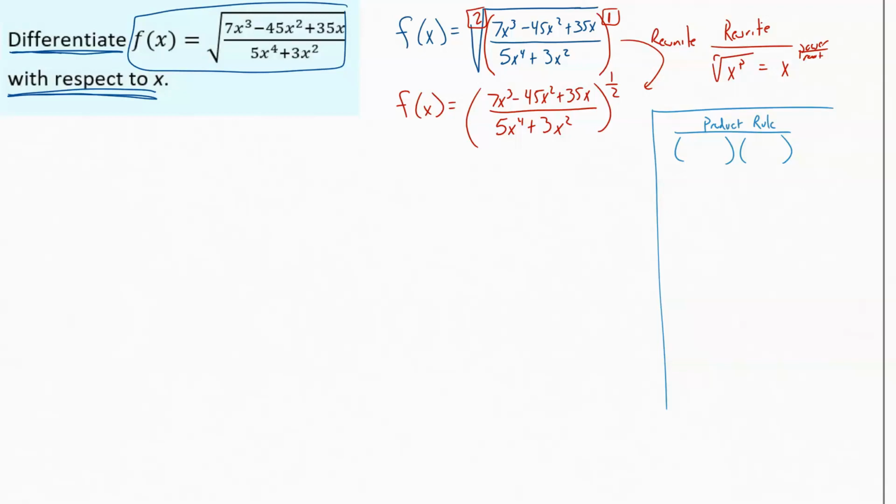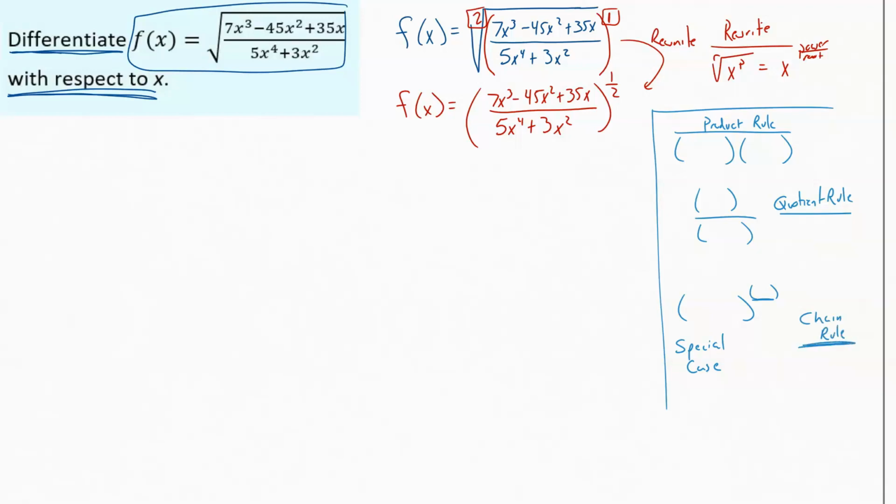If you squint and what you see first and foremost is two chunks being divided, then you would want to follow the quotient rule as your primary rule. And if you see a bunch of stuff raised to a power out here, or if you see one of your special cases, one of those derivatives you just have to have memorized, then you're looking at a chain rule setup.